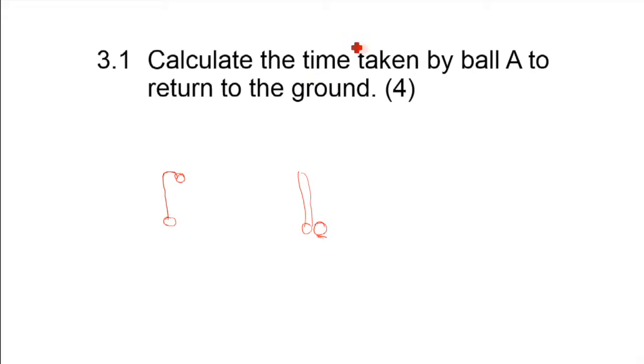Let's check. Can we really use VF equals VI plus a delta t? If I do that, do I have enough information? Yes, because at least it involves time, which is what I'm looking for. Right, let's have a look at that.